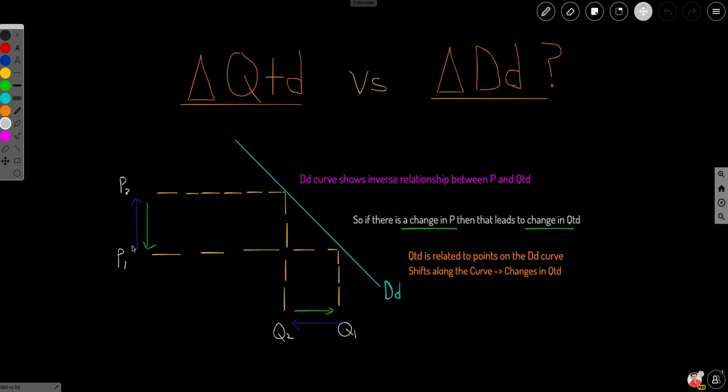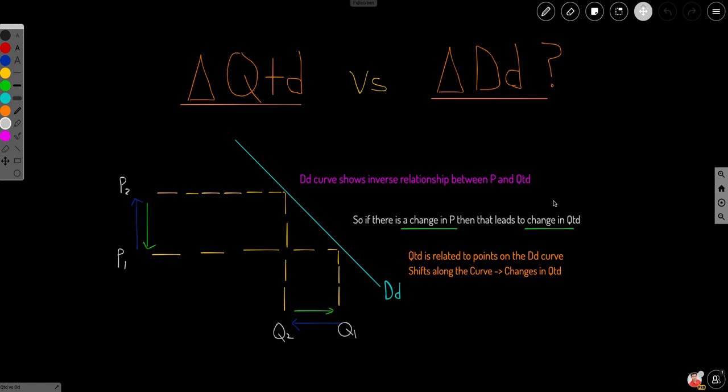For example, if the price were to increase from P1 to P2, the quantity demanded will fall from Q1 to Q2, because it is an inverse relationship. So an increase in price leads to a fall in the quantity demanded, and a fall in price, the green arrow, leads to an increase in quantity demanded.